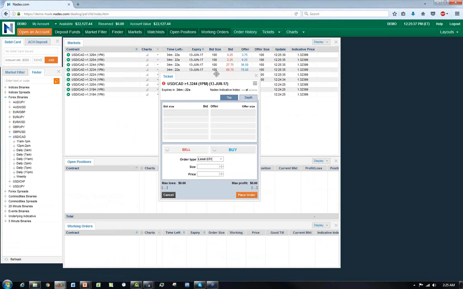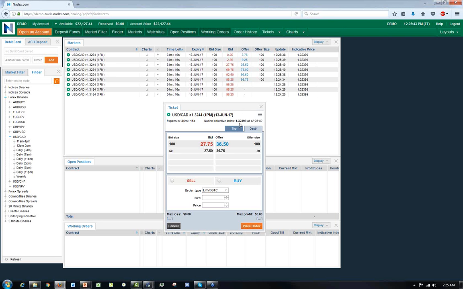Let's wait for the information to come through. All right, so we can see the market sits right now on 132.399 and we're looking at 132.44. So we're going to be out of the money, which is why we've got such a nice reward to risk.